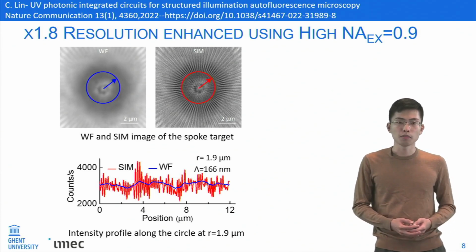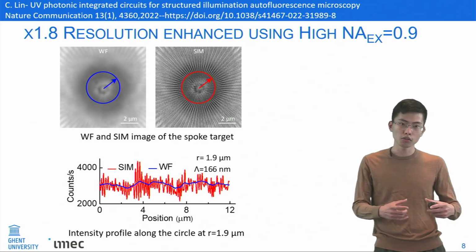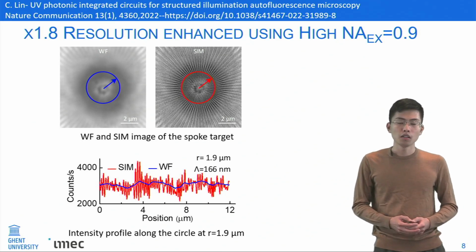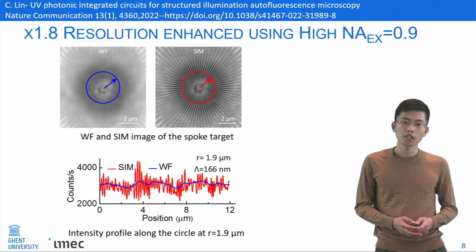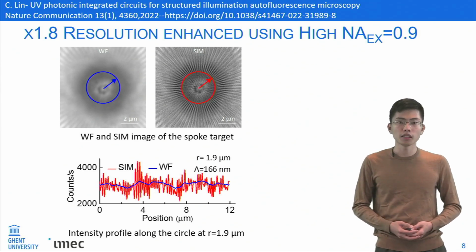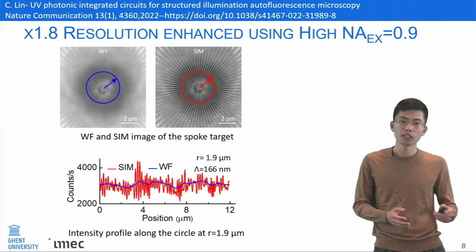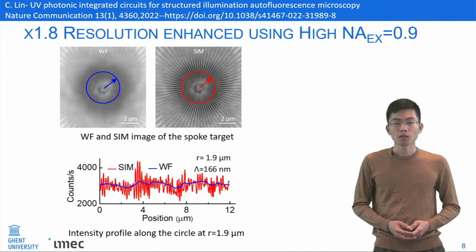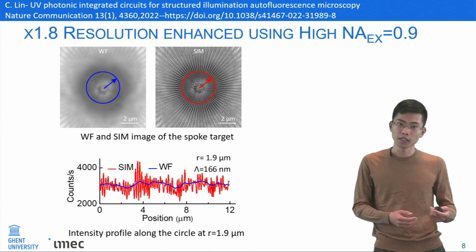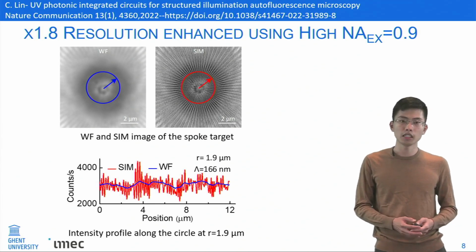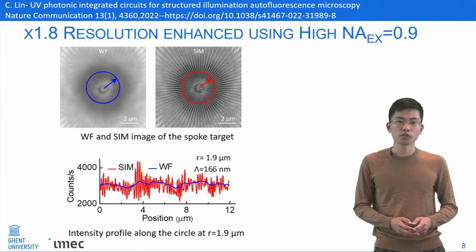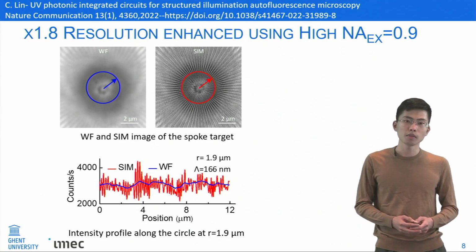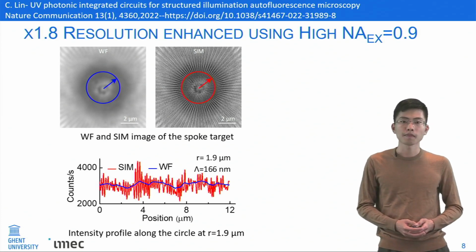From the intensity profile along the solid circle, we can see in the wide-field image we can only see the averaged beam profile, and by contrast, we can see strong oscillation features in the SIM image. After determining the minimum resolvable spacing in the wide-field image and the SIM image, we succeeded in achieving resolution enhancement by a factor of 1.8.